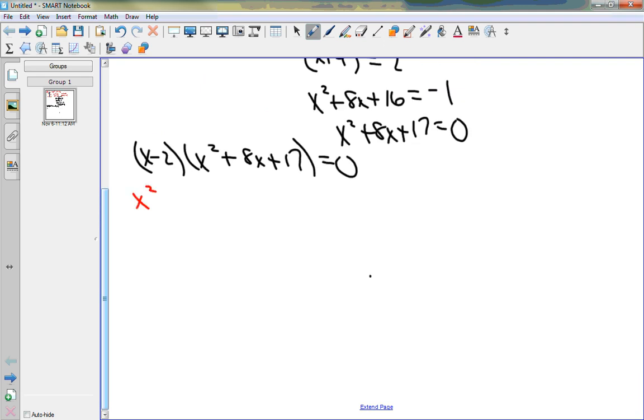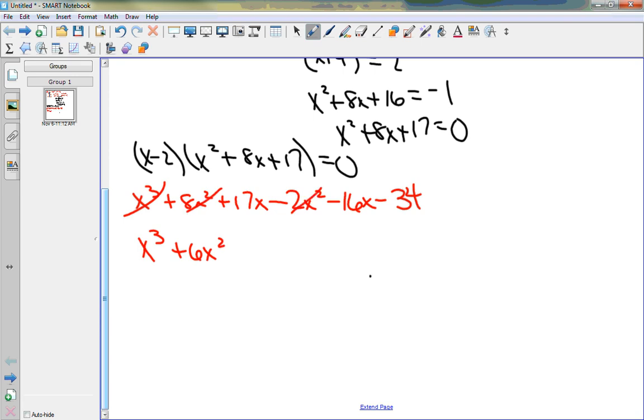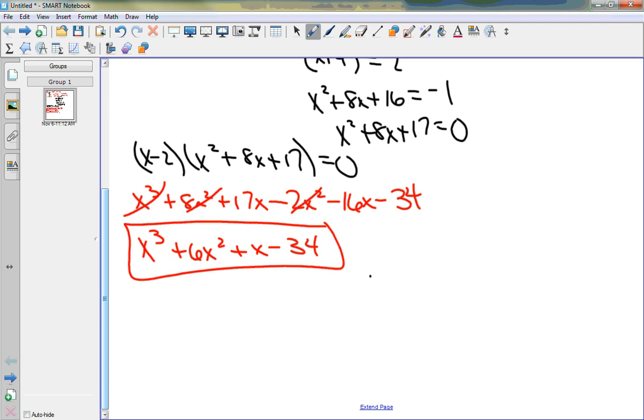That's going to give you x cubed plus 8x squared plus 17x minus 2x squared minus 16x minus 34. Combine like terms, x cubed stays, 8x squared and -2x squared gives you a 6x squared. 17 minus 16 gives me a 1x minus 34. Chet, you understand? Yes.